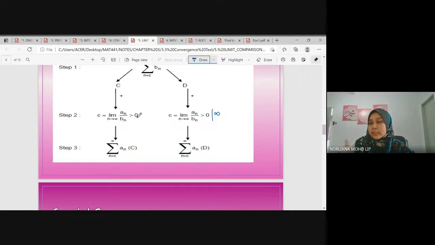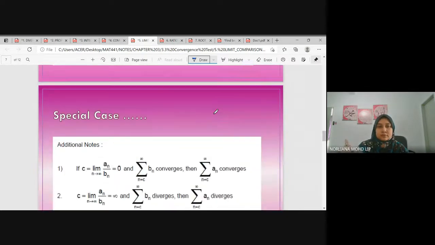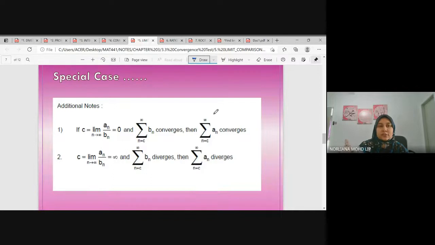Ataupun kat sini awak dapat ni greater than 0 lah untuk yang ni. Ataupun awak dapat diverge, so dia diverge lah, dapat infinity ni, jawapan untuk limit ni. Kadang-kadang dia juga dapat infinity. Yang ni lah contoh dia special case kan.